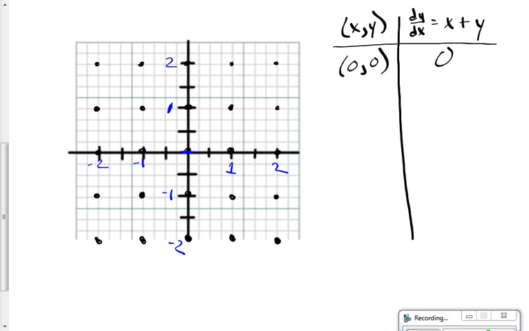Okay. All right, let's pick another point in the coordinate system. 1, 1, great. We might have to pick a lot of these. We might only have to pick a few. 1, 1, the slope will be 2. So at 1, 1, approximate a slope of 2. I guess maybe that would be pretty good. Okay, let's pick another point.